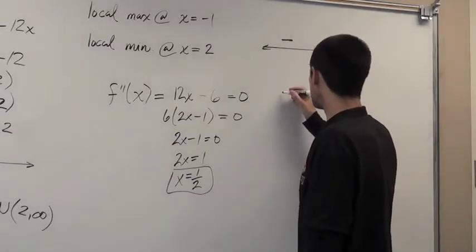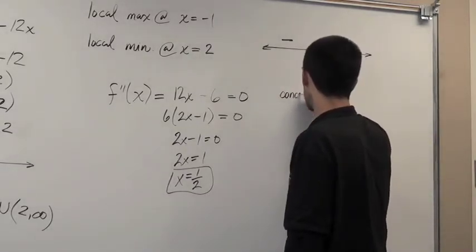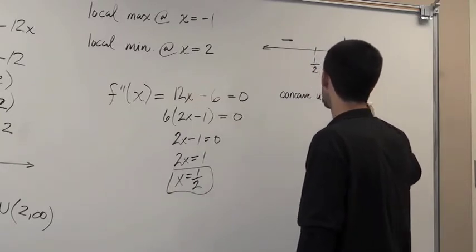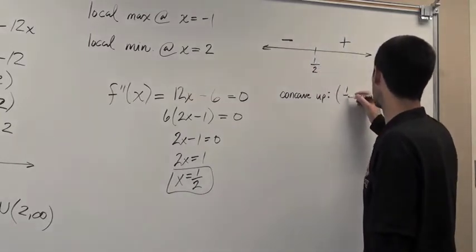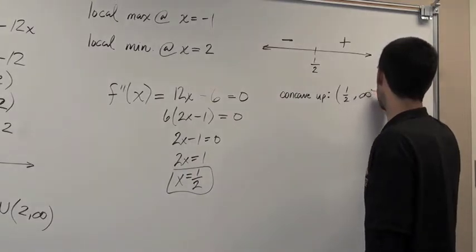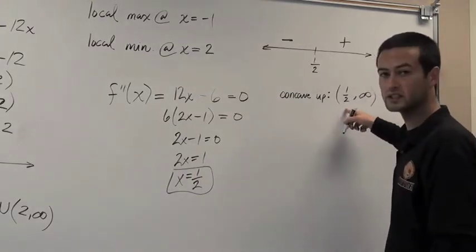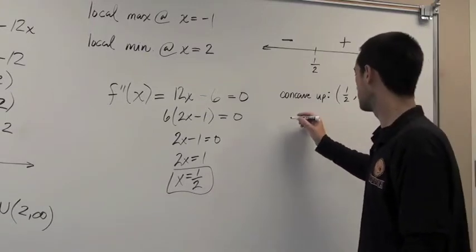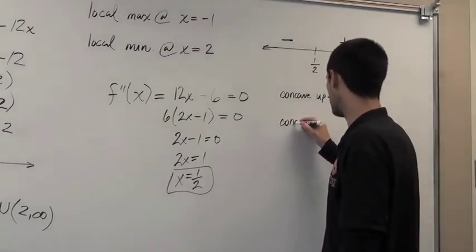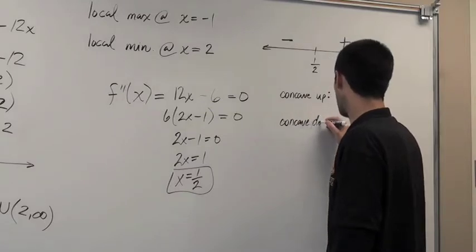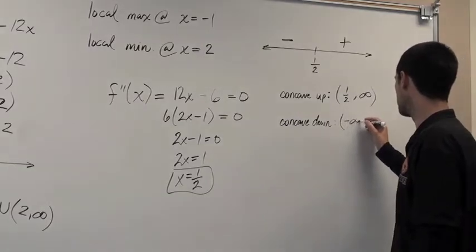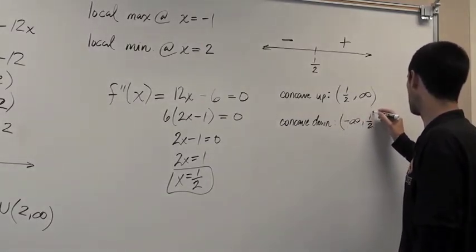So it's concave up from 1/2 to infinity, not including 1/2 though, because at 1/2 it's neither concave up nor concave down. And our concave down is on the interval negative infinity to 1/2.